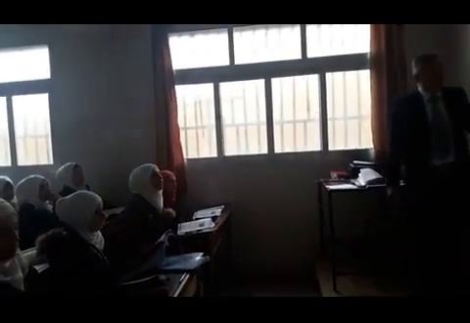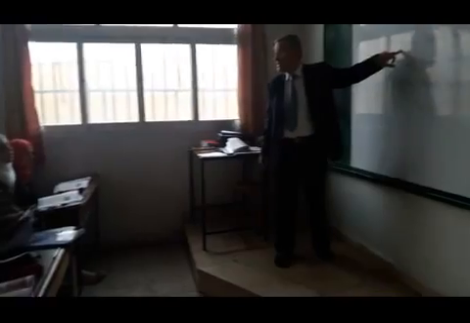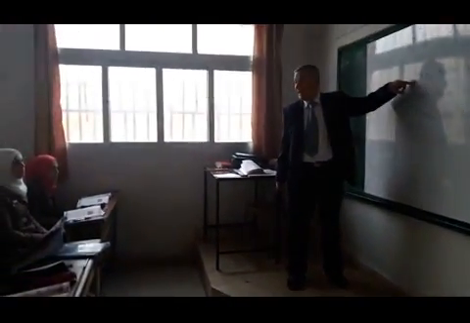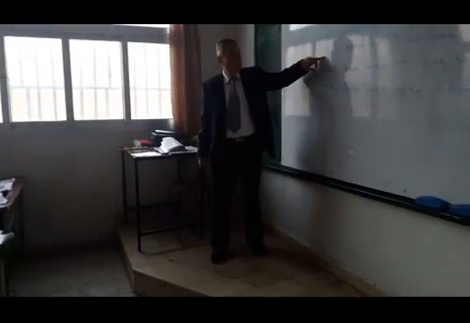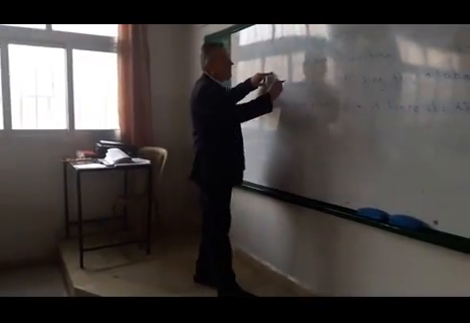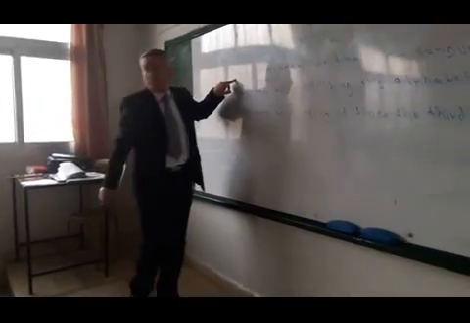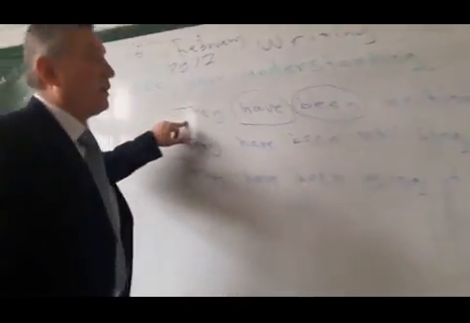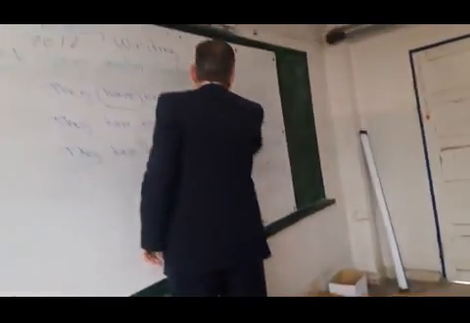Okay. Now, look, we have, what do you call this? Subject, right? It's a subject pronoun, and it is the subject of the sentence. Have is the auxiliary verb. Been, verb 3 of verb to be, and we have verb ing.